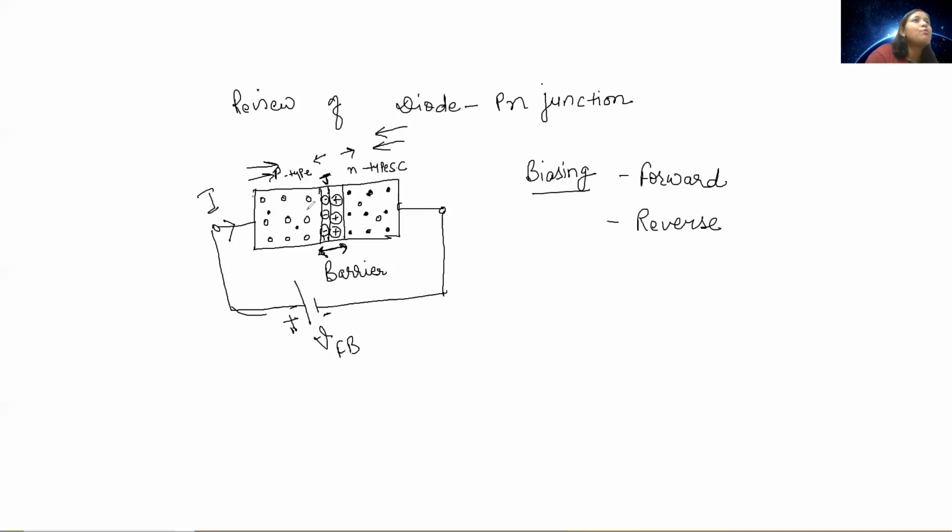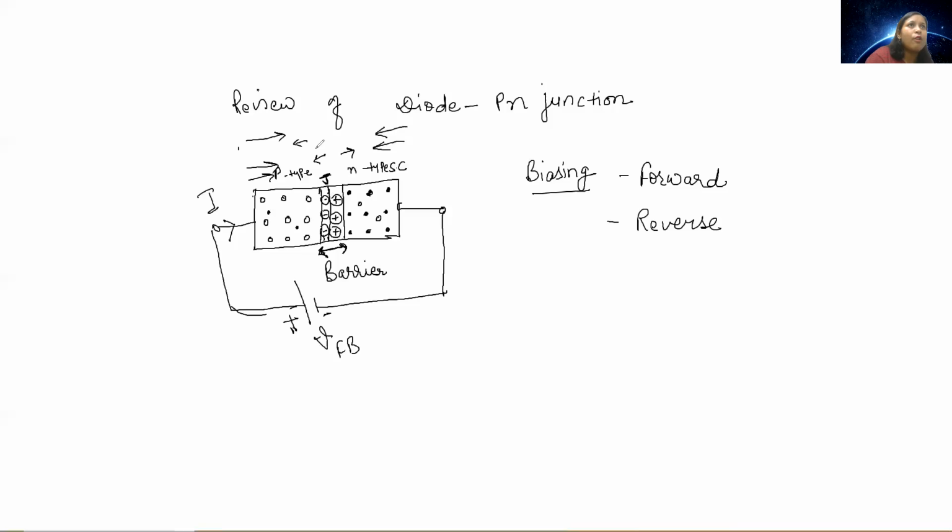So there are two forces acting in opposite directions: one force applied by the battery towards the junction, another force applied by the ions opposite to the junction. We can easily observe that the force of the external battery is much greater than the force applied by the ions. Therefore, they will easily cross the junction.